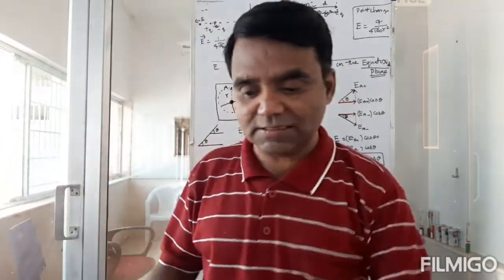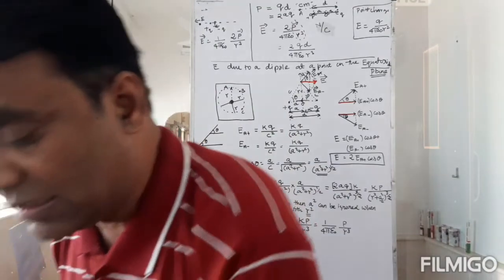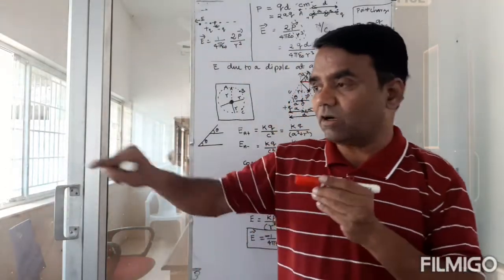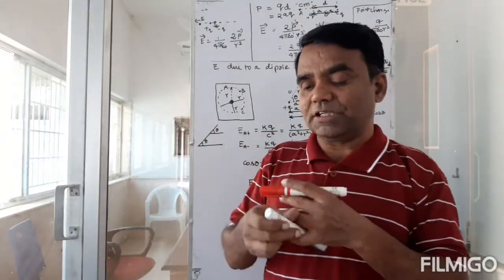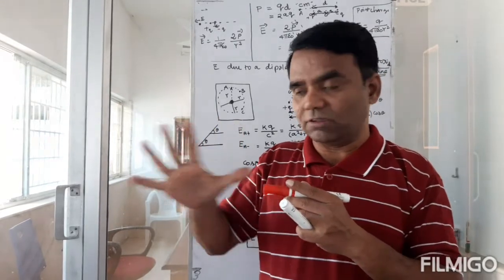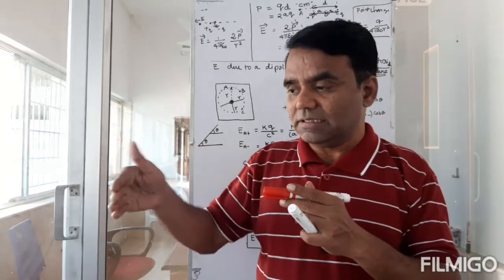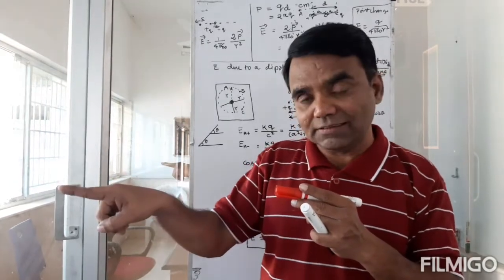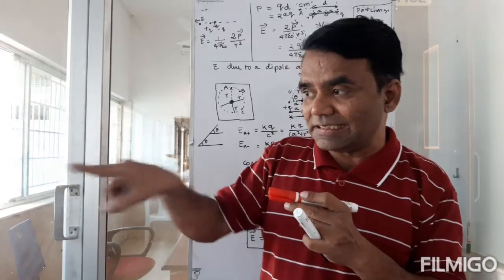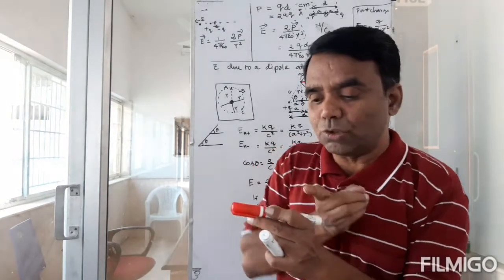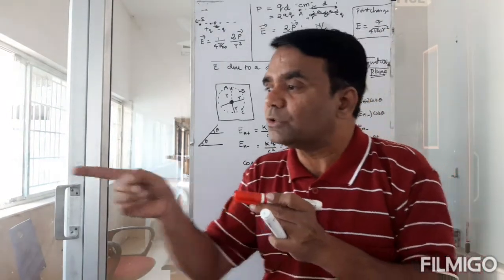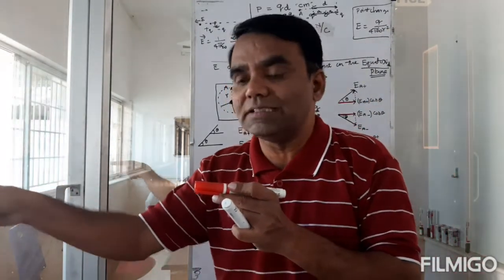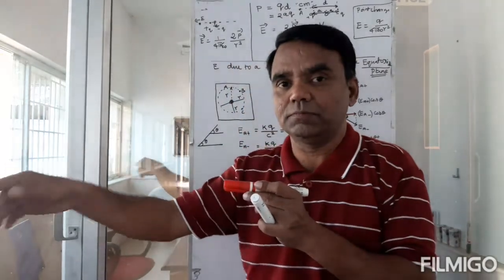So along the axis, at a particular distance, say 10 centimeter or 1 meter or whatever, you will have a certain value of E at that distance and in this direction. This is positive, this is negative, so P is in this direction, so E will also be in this direction along the axis.